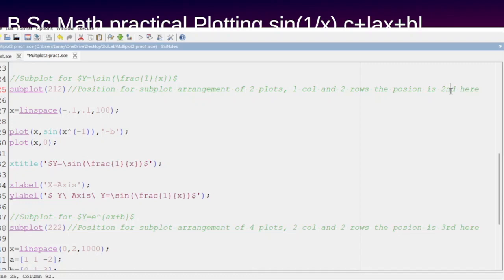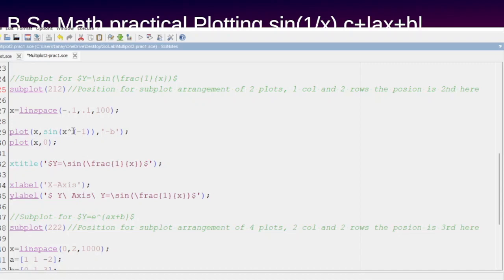Position is the second here. So x linspace, I am plotting this one, sine 1 upon x. I have taken the range of x, I have taken 100 points. I will show you again what happens if I increase the number of points when I plot this graph.